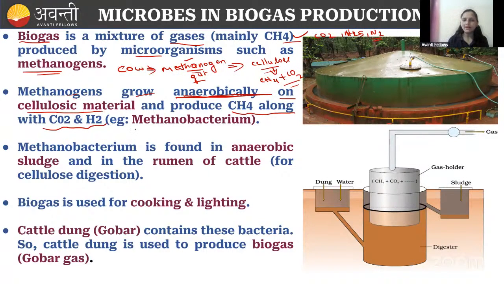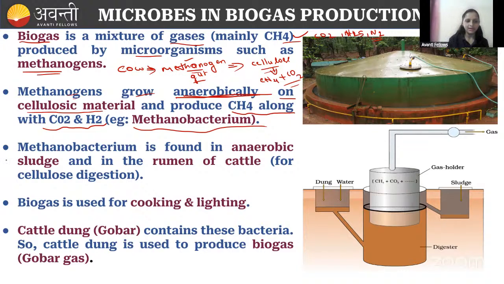That bacteria we call methanobacteria. Just remember that the cow rumen consists of methanogen bacteria, and the dung contains those methanogens. We use them for the production of biogas, breaking the cellulosic material down into methane gas and other biogases.